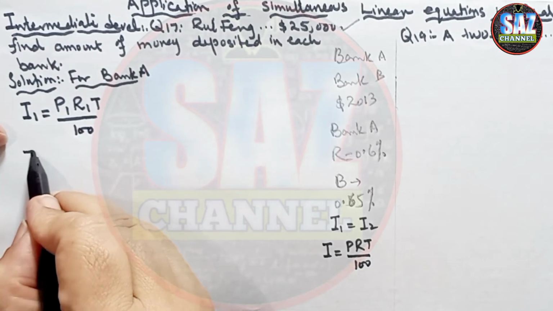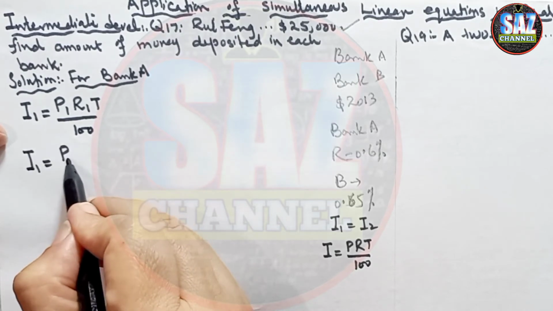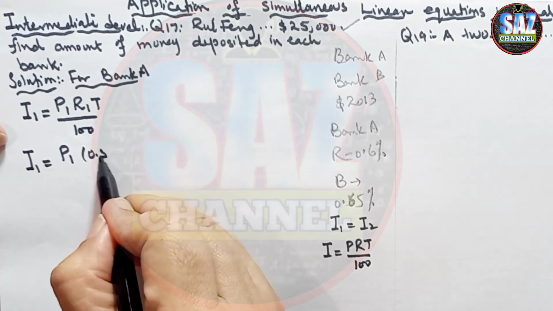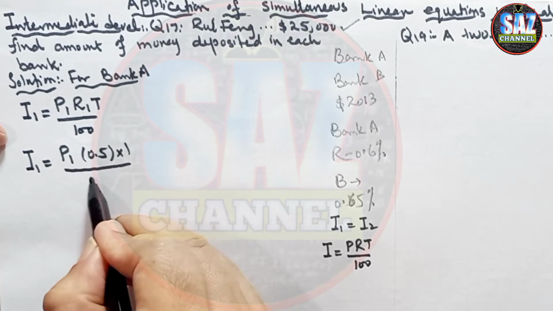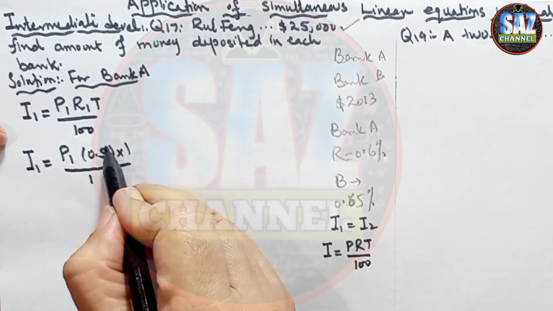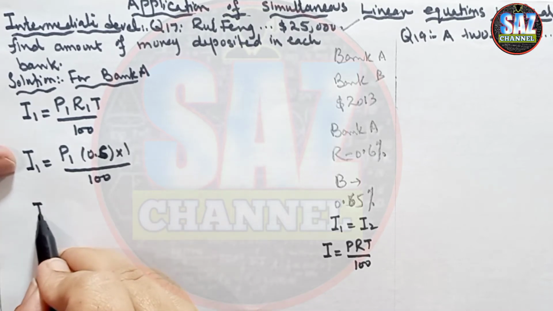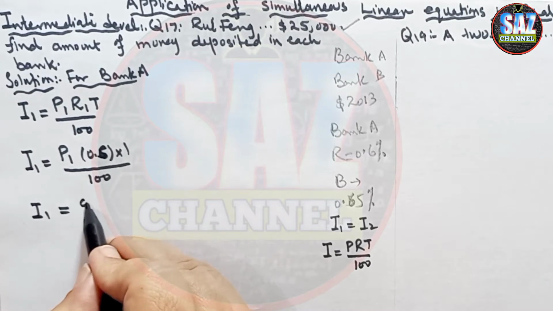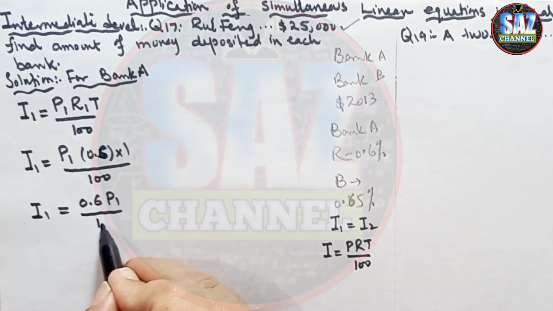Now I1 will be equal to P1 as it is, rate 1 is 0.6 and time is 1 year, upon 100. The amount of the interest for Bank A is 0.6 P1 upon 100.